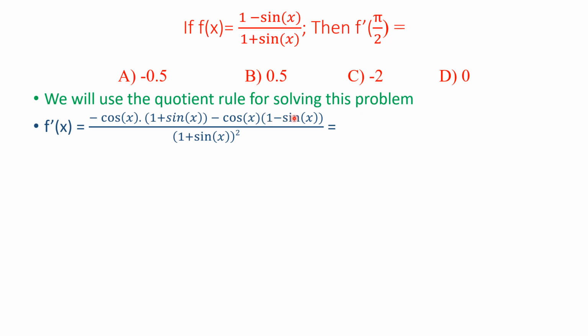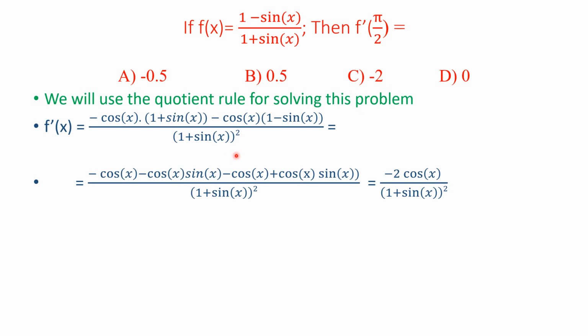minus sine x. Now we have the values, and now we have to let the math work for us. So this is equal to, we have to multiply negative cosine x by 1 and that gives us the first term, and then we have to multiply negative cosine x by sine x, that will give us negative cosine x sine x, and we go to the other side.